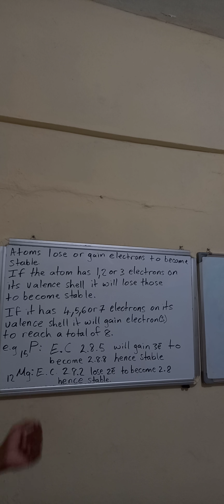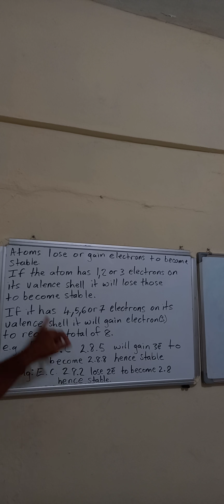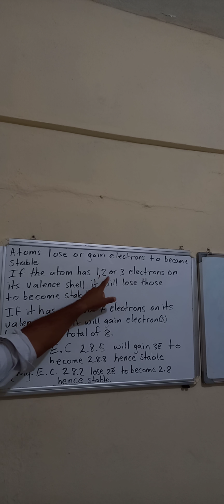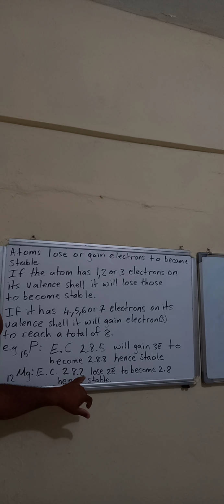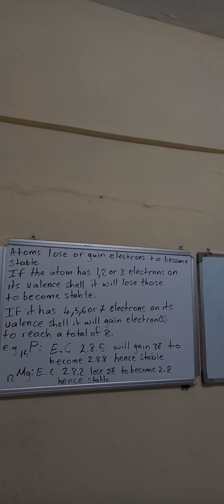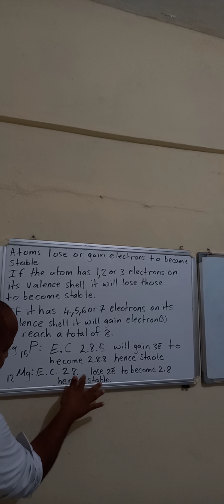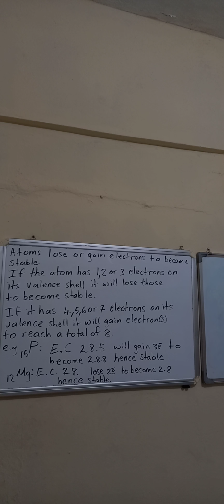For example, now magnesium, atomic number 12, therefore the electronic configuration is 2, 8, 2. Remember, if the atom has 1 to 3 electrons on its valence shell, it is going to lose all of those electrons. So magnesium has 2 electrons on its valence shell. Therefore, if it loses the 2 electrons, then it would now become stable because its new electronic configuration would be 2, 8.